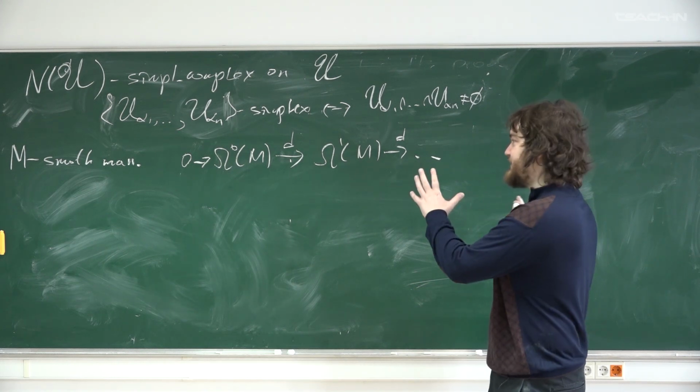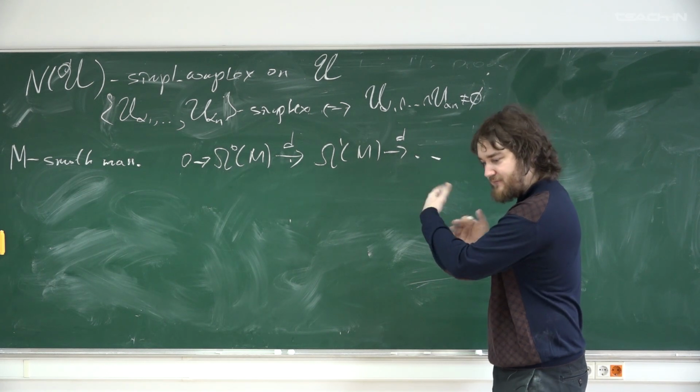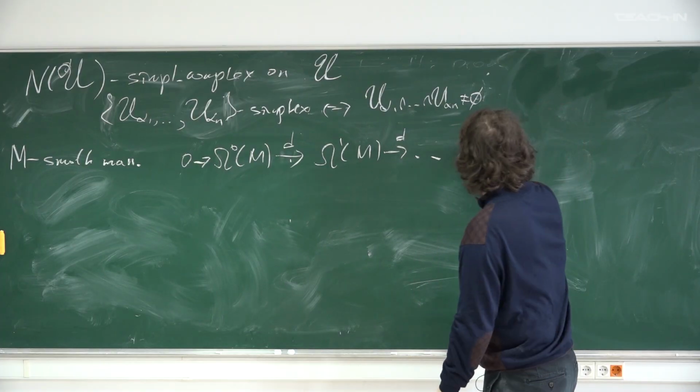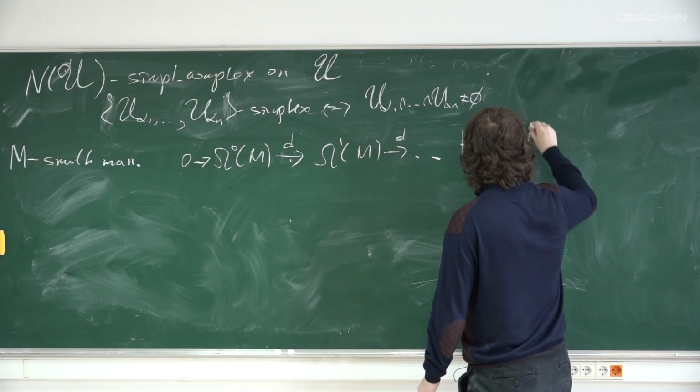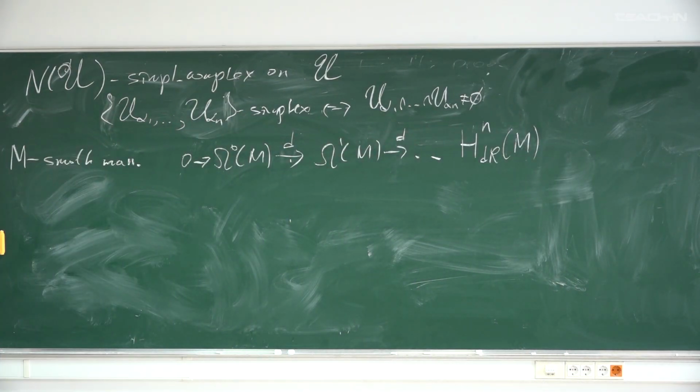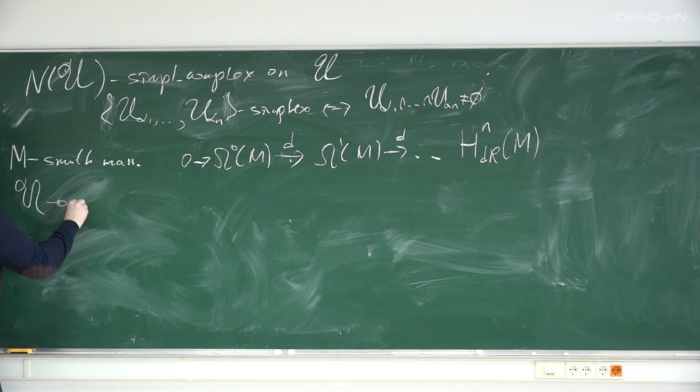I think it's familiar to you. Now I want to define a B complex which generalizes both this construction and the one for the manifold. So you have a manifold, and I have an open cover of this manifold.